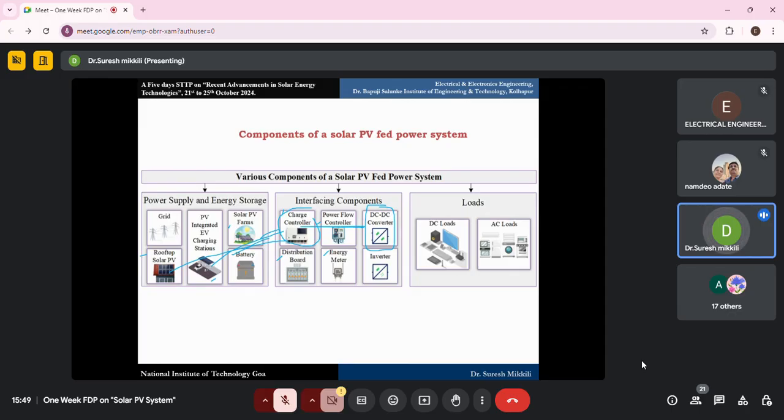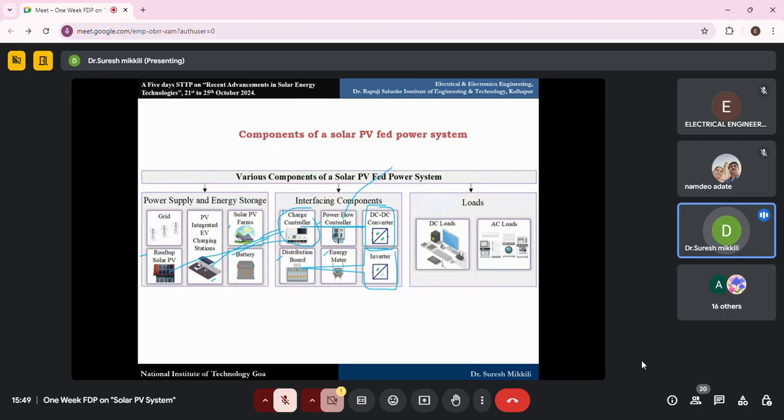If I want to boost the voltage to a higher level, I can use different types of DC-DC converters. They can be unidirectional or bidirectional; generally bidirectional converters are used. So the converter steps up the voltage levels, then the inverter steps down the voltages. Try to understand.